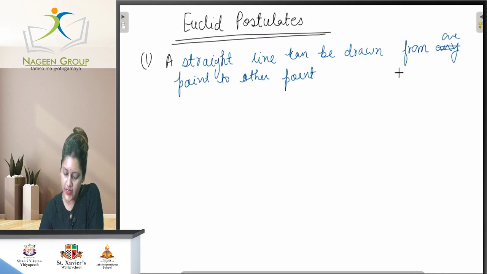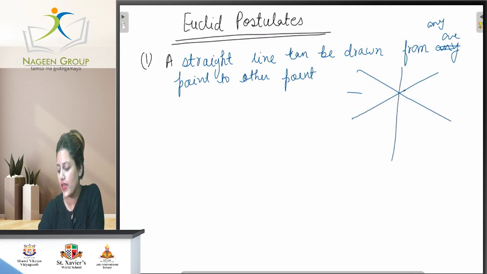What is written? A straight line can be drawn from any one point to the other point. It means if there is any point, then indefinitely many lines can pass through this one point.